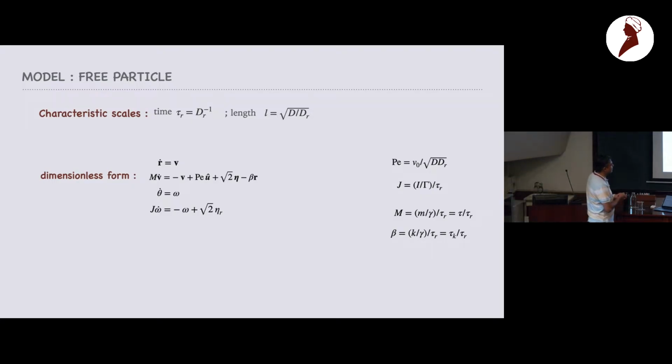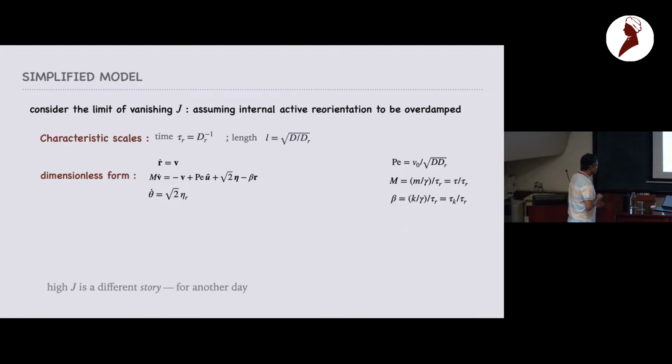So that can be included, and then this is the orientational dynamics. For the sake of simplicity, in the rest of these calculations I'll write the orientational dynamics to be still overdamped, but the translational dynamics is underdamped. So we look at what happens due to just translational inertia.